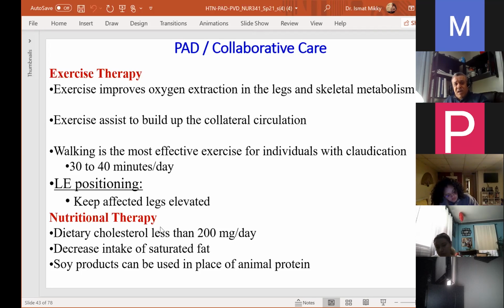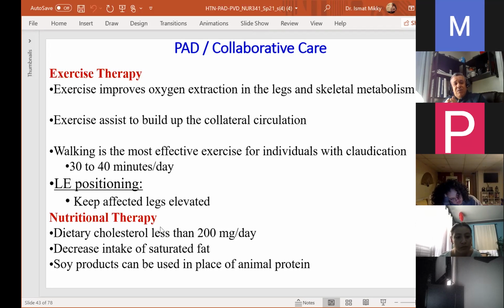Given the benefits of exercise on mobility and walking, exercise also assists in building up what is called the collateral circulation. It will increase the intensity and the frequency of walking gradually.